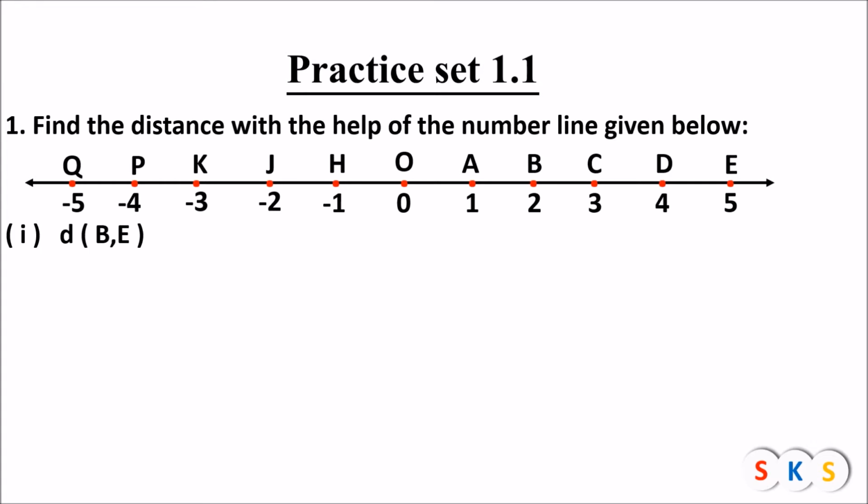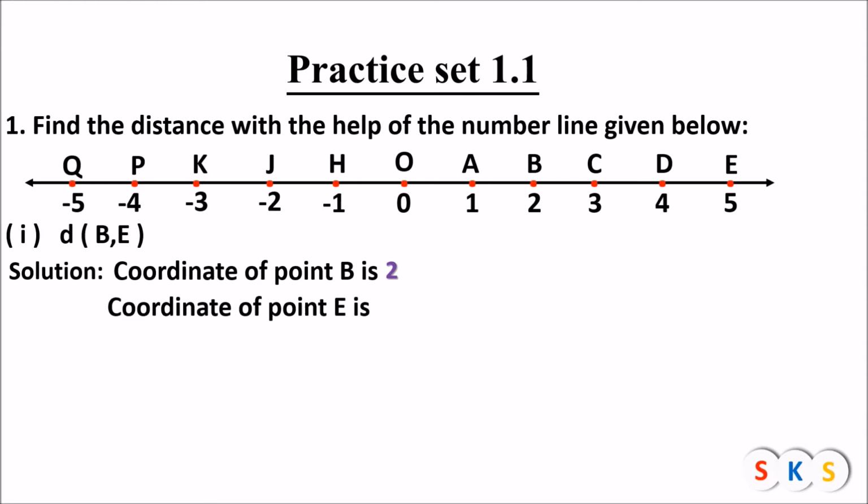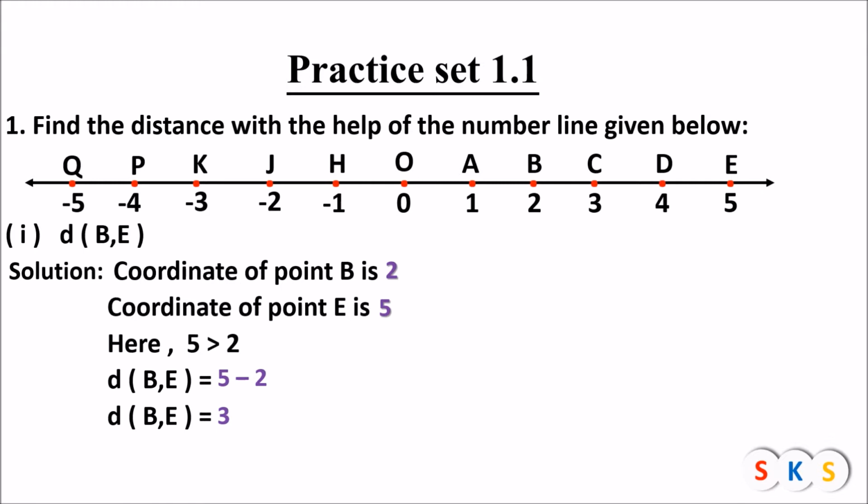Here the coordinate of point B is 2, and the coordinate of point E is 5. So here 5 is greater than 2. So distance BE equals greater coordinate minus smaller coordinate, that is 5 minus 2. Therefore distance BE equals 3.